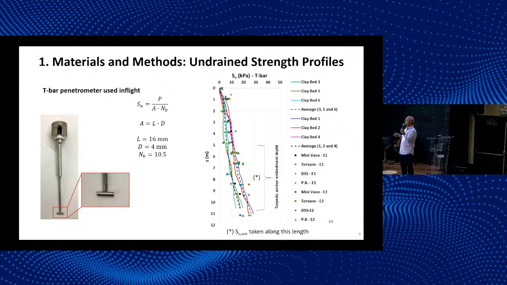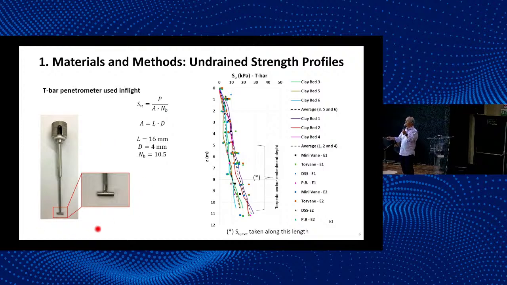So the first thing we do, after our model is in flight and consolidated, is to measure the strength before the pull-out test. You measure with a T-bar.